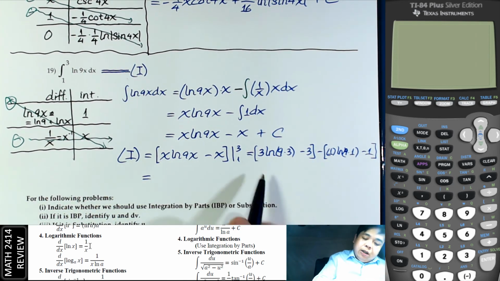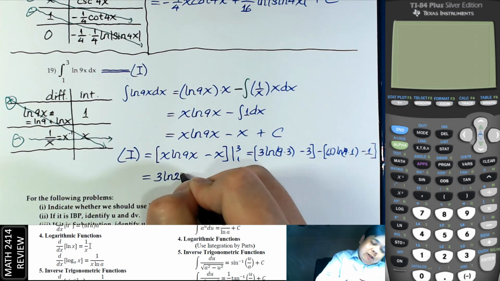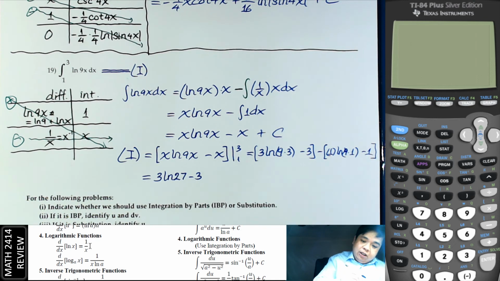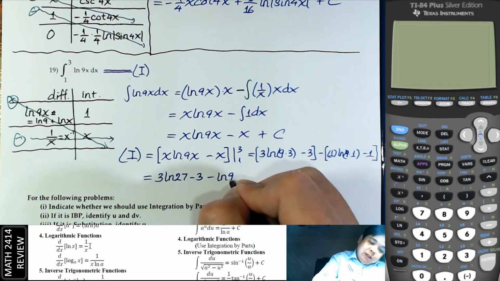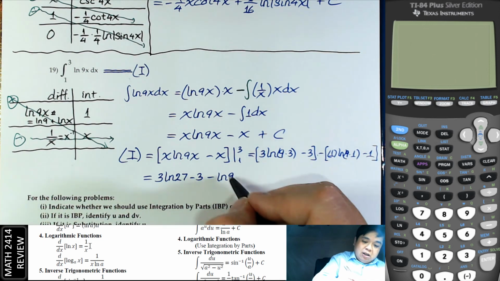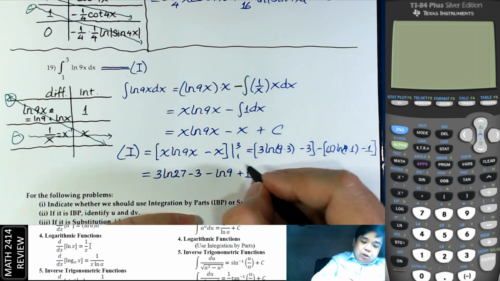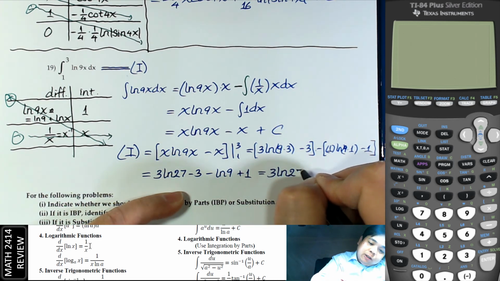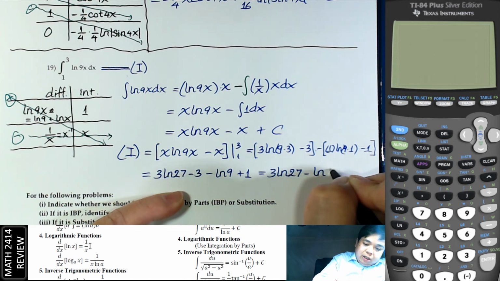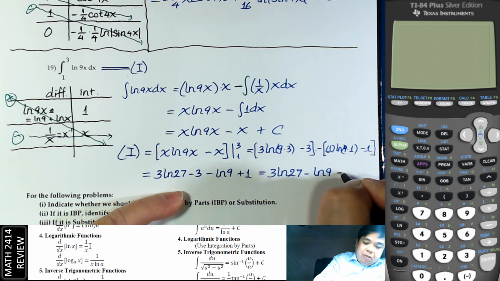Right. So that's 3 ln of 27 minus 3, and that is ln of 9 minus the negative, that's a plus 1. To simplify this, we have 3 ln of 27 minus ln of 9 minus 3 plus 1, minus 2.